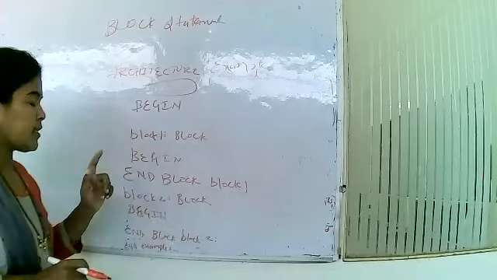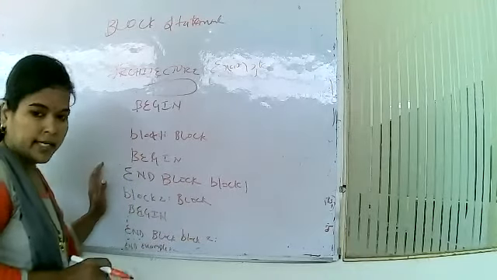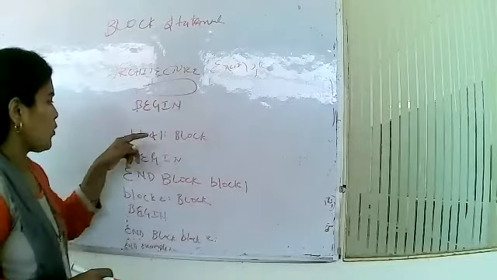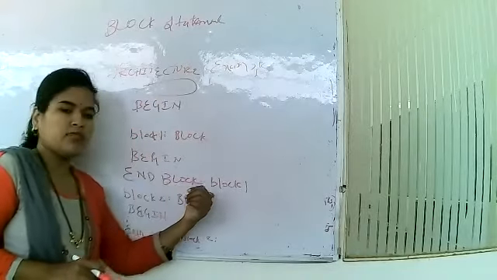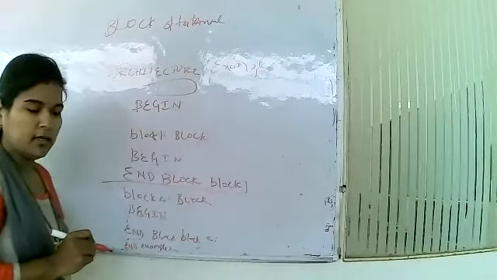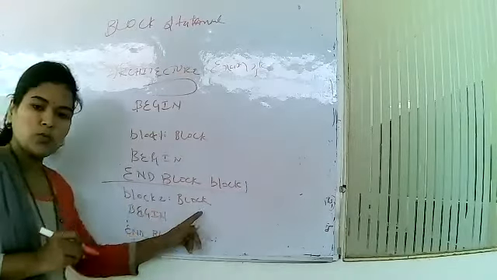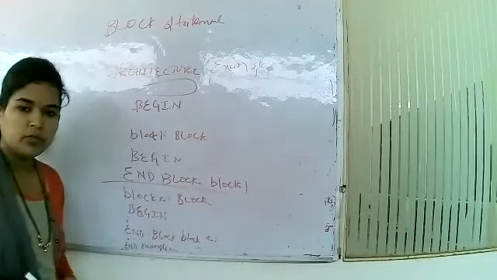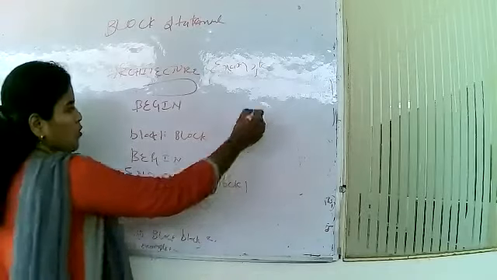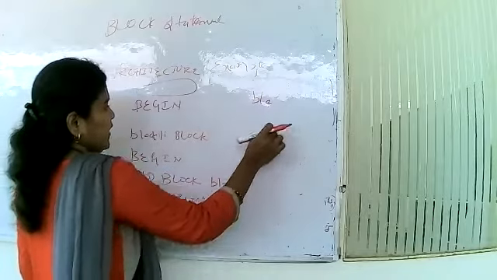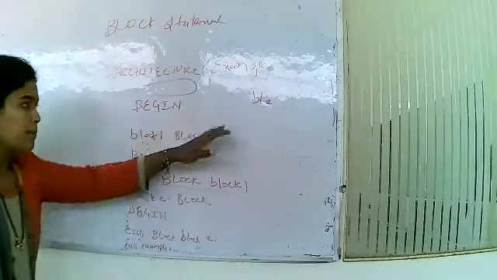I am just writing the syntax. There is no actual example here. I am just showing how the flow will be. So block 1 block, it begins, then it ends the block 1. It means this section is over. Partitioning is there, right? So block 2 block begin, end of the block 2. Then the next, block 3 block begin, end of the block 3.